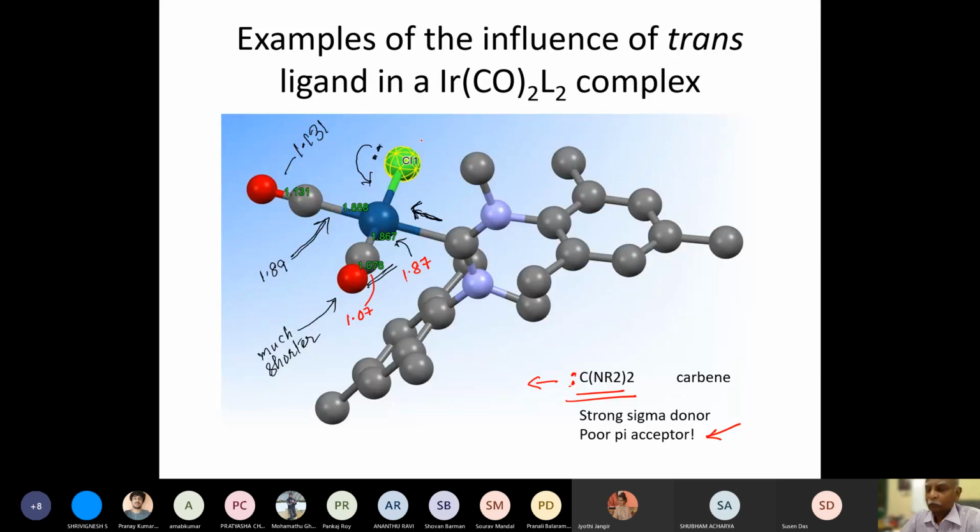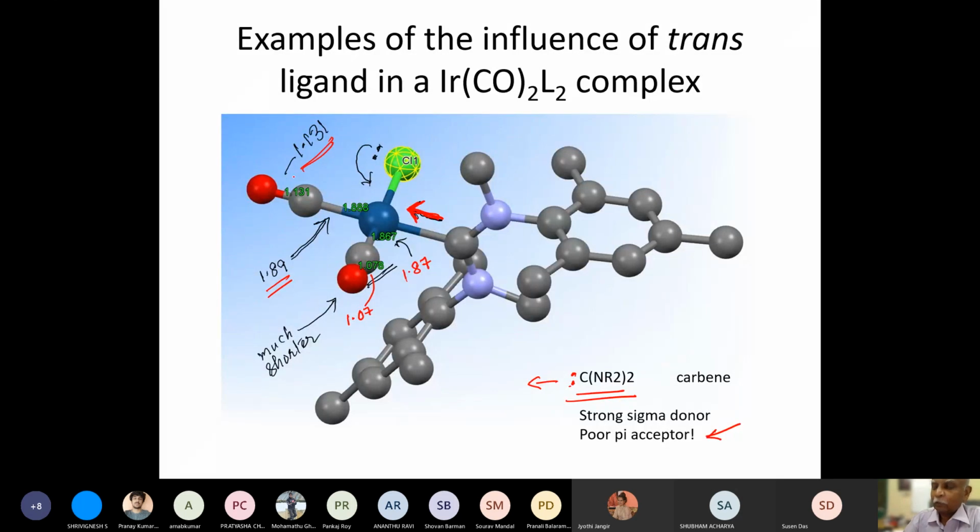Trans to the chlorine, what you have is a distance of 1.87 angstroms and 1.07 angstroms. And when you take the ligand which is trans to the carbene, which is a very good electron donor compared to the chloride, then I have a distance of 1.89 and 1.131.